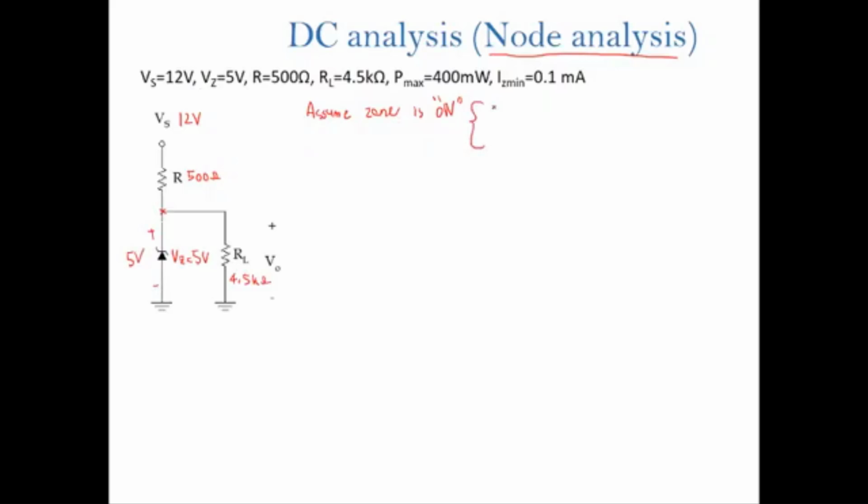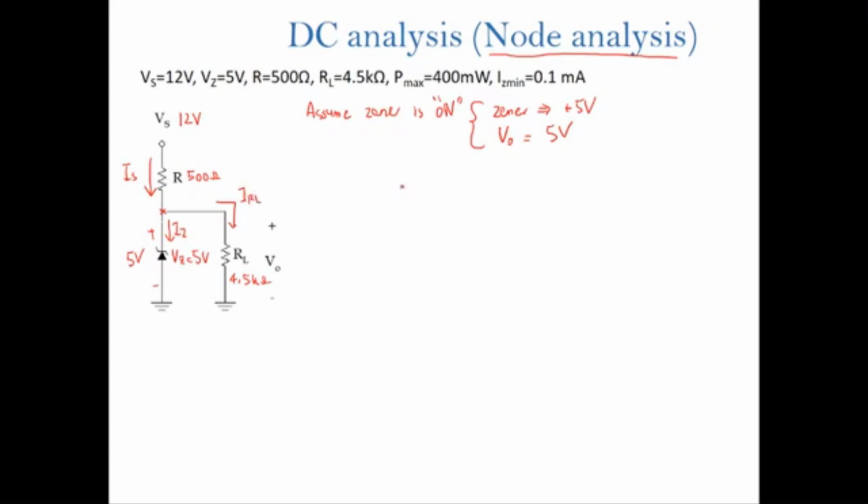And the V out should be equal to 5 volt as well, because the V out and Zener are in parallel. Next, in order to do the node analysis, let's label the current flow. Let's put IS here, and then the Zener is IZ, and then this is IRL.